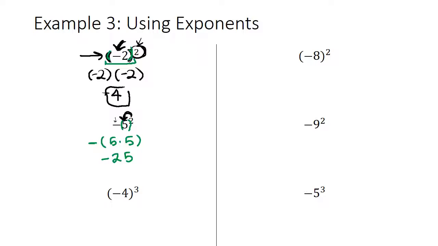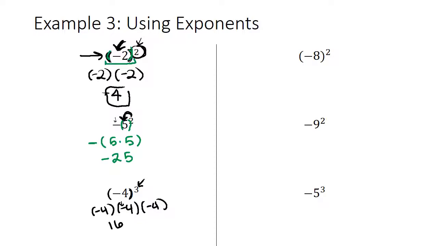So down here for number 3, I guess, we're going to say negative 4 raised to the third power. Since there are parentheses around this, that means we're going to take negative 4 times by negative 4 times by negative 4. We did it 3 times because our exponent's a 3. Negative 4 times by negative 4 is going to give us 16.